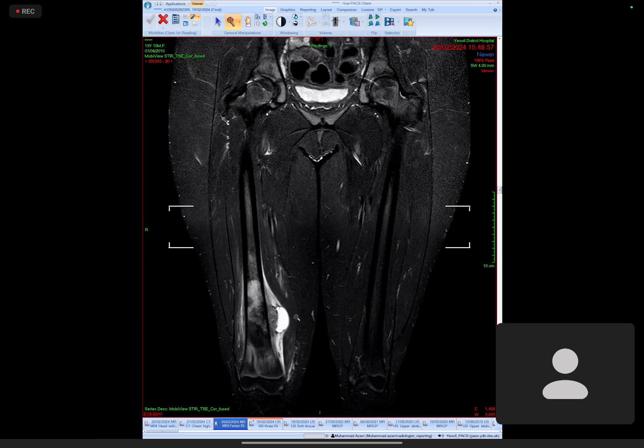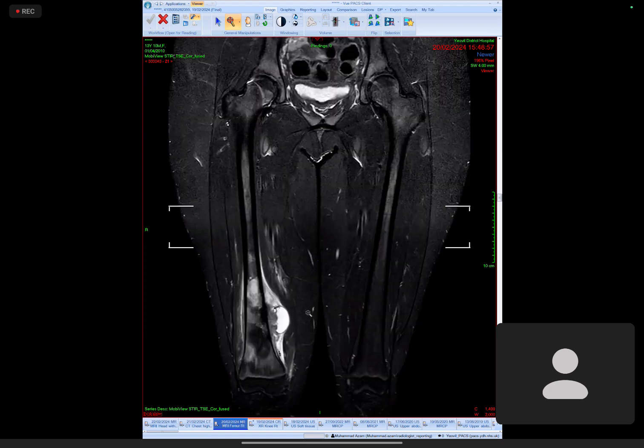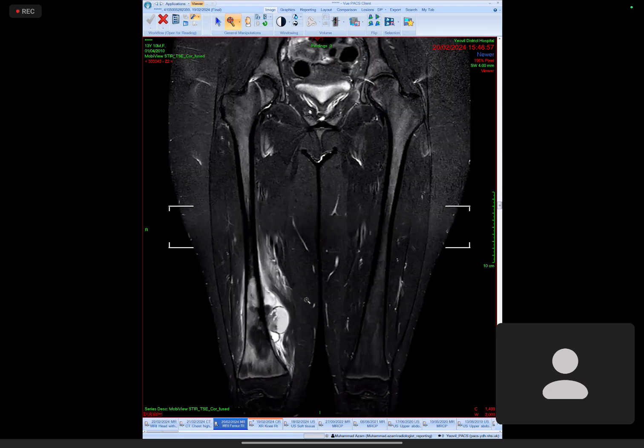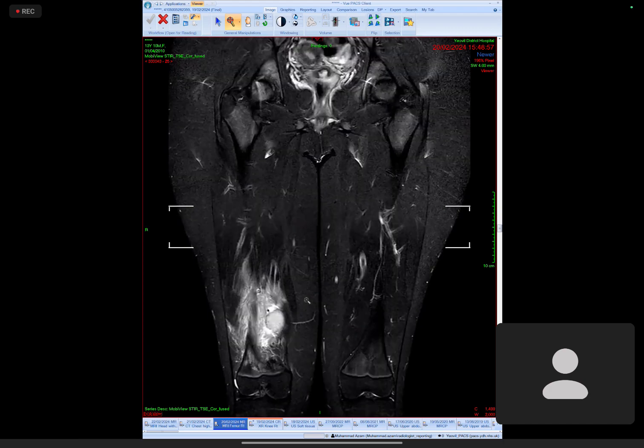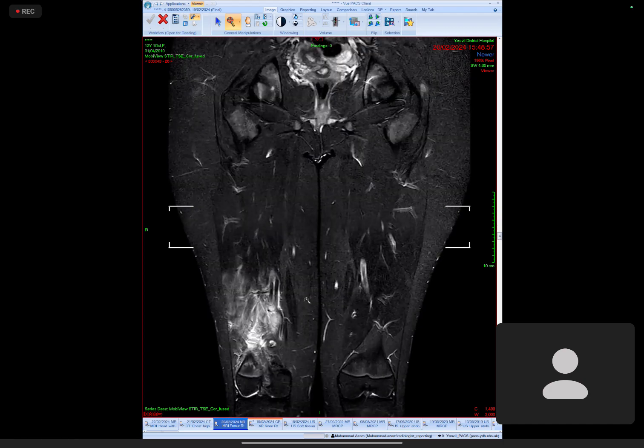I wasn't able to pick up this kind of periosteal reaction on the X-ray, but now I think I would retract from my previous differentials, and I think this looks like a case of osteosarcoma.